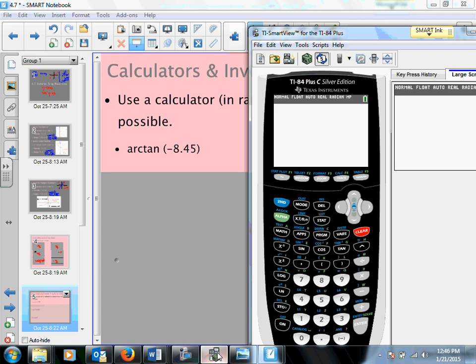Where's that button? Well, you're not going to see arc tan. You're going to see the tan with the negative 1. Those are just the second of your sine, cosine, and tangent. These are the buttons you've been waiting to use, right? So you're going to say second tangent of negative 8.45, to get negative 1.453.